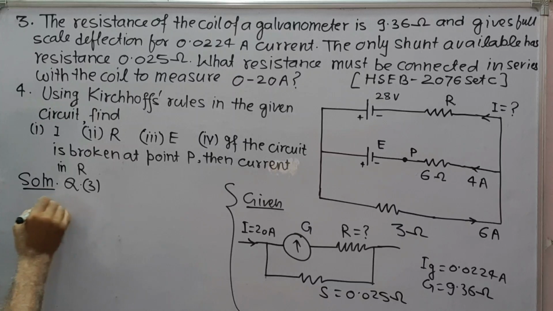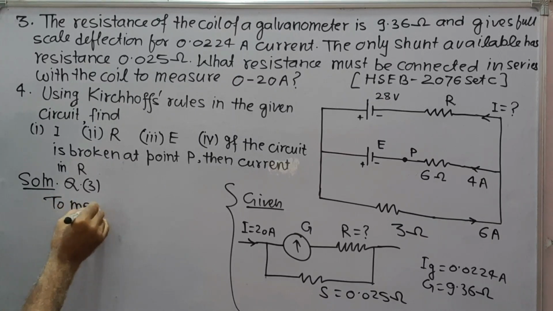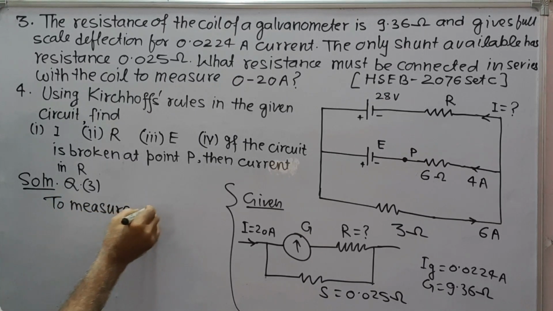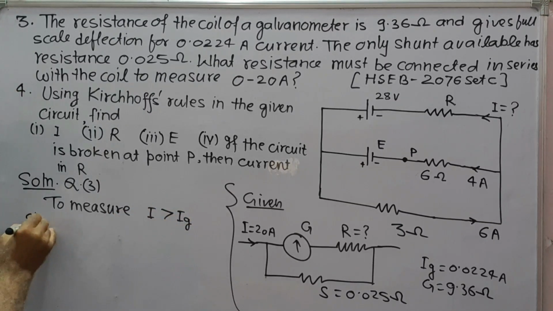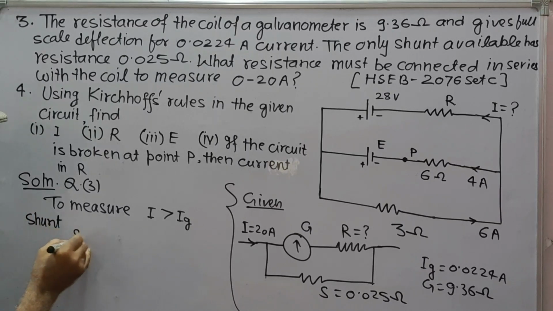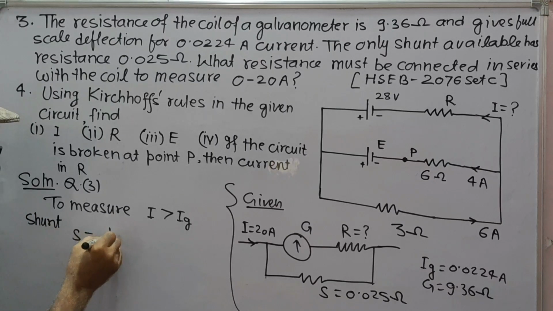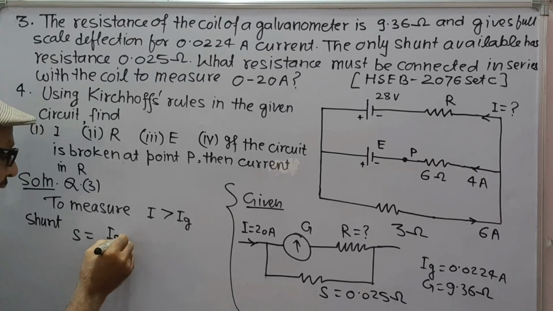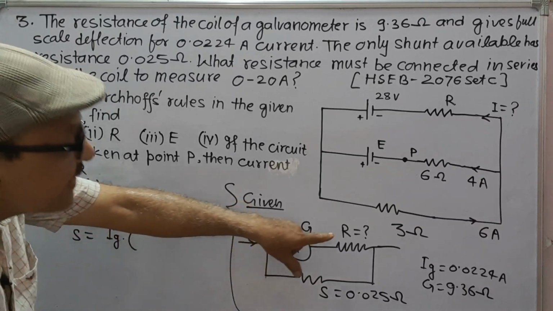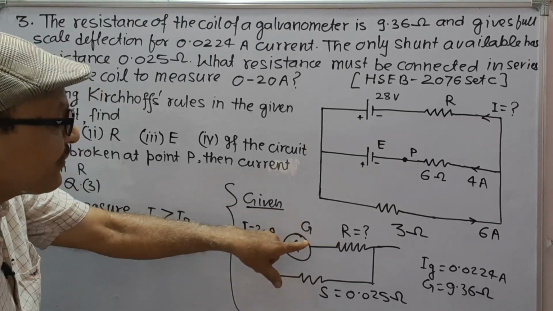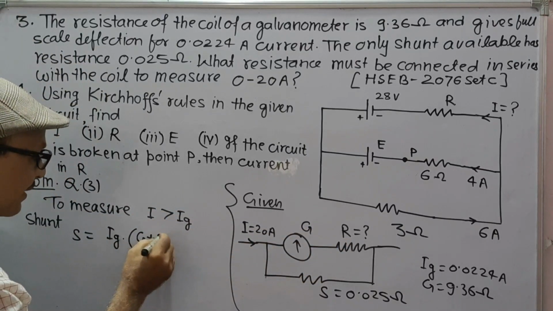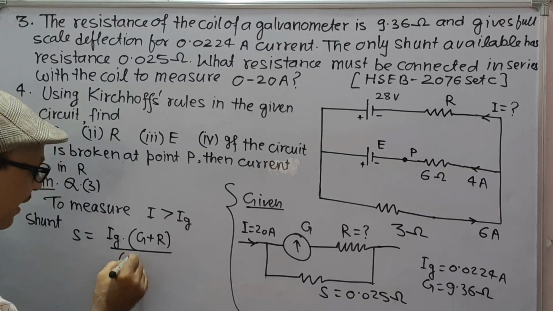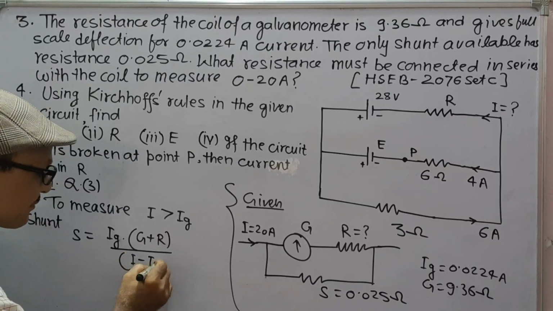Solution: to measure I greater than Ig, shunt S is equal to Ig into G, but G is in series with this capital R, therefore total resistance will be G plus R, upon I minus Ig.